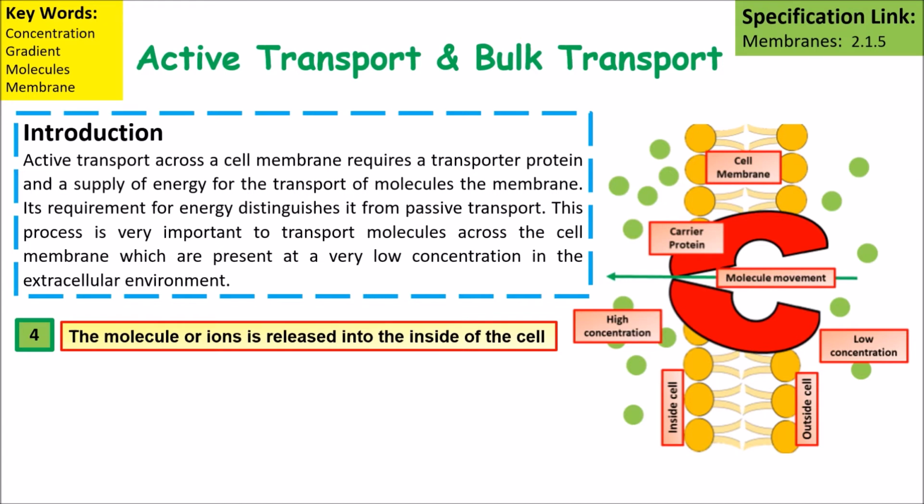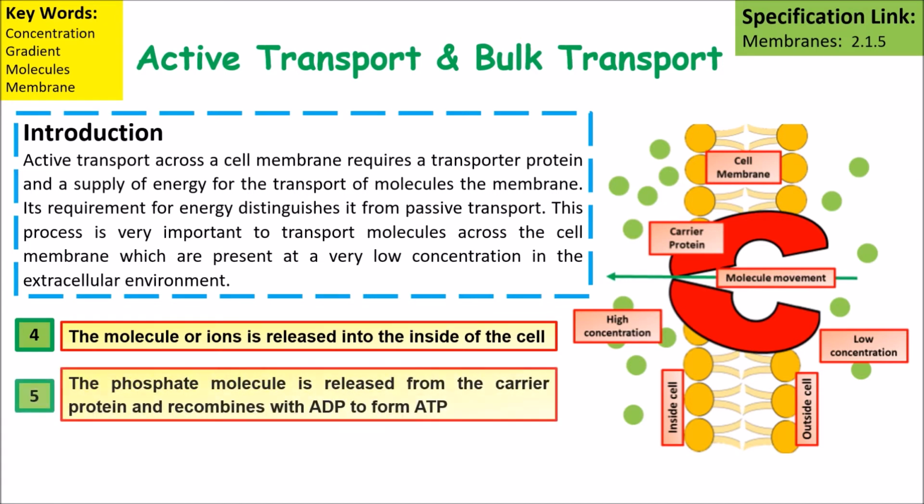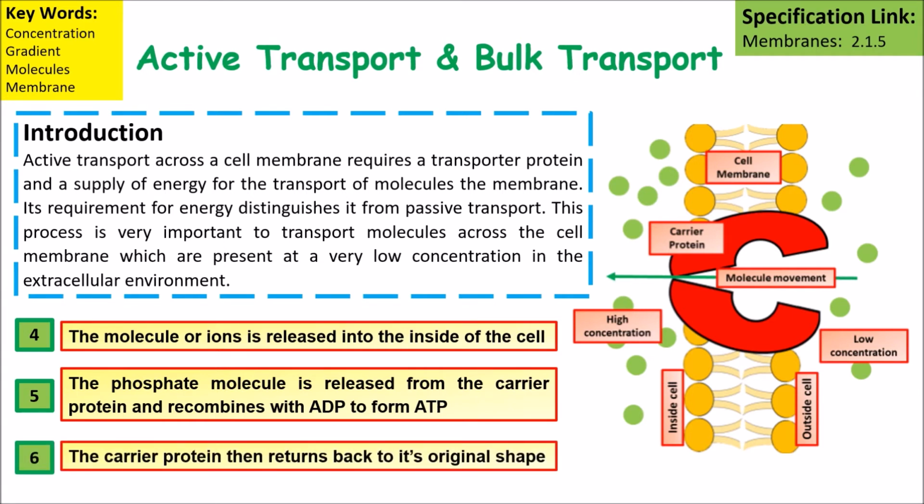So the molecules or ions are released into the cell. The phosphate molecule is released from the carrier protein and then recombines with ADP to form ATP. And the carrier protein returns back to its original shape.